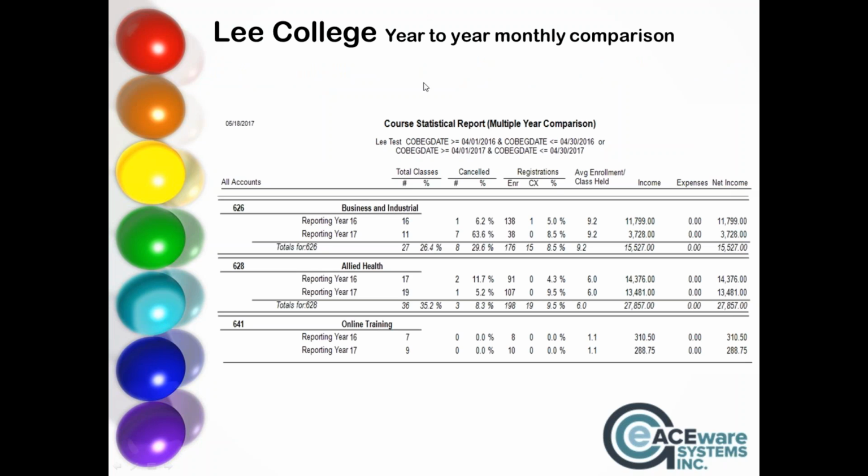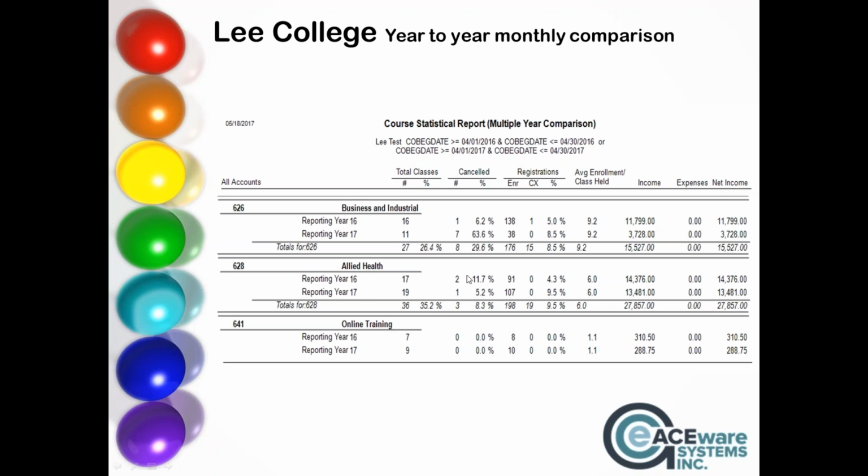And he built a report where you would run a query for a month from the previous year and a month from the current year, put it into statistical reports so it would show by account how much money, how many classes, cancellation rate, registration, income for year one, and then what would be the income for year two and the differences between, or the totals for that and the percentages thereof.